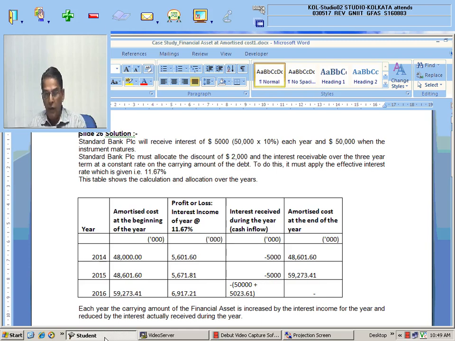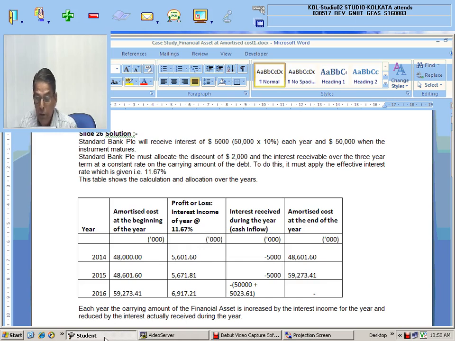I think that is correct. So it should be 6,333.70. So interest received during the year, cash inflow, will be again 5,000. So when you add 54,273.41 plus 6,333.70, I think Pratibha has got the correct answer. Very close to that. Let me take Pratibha's answer.